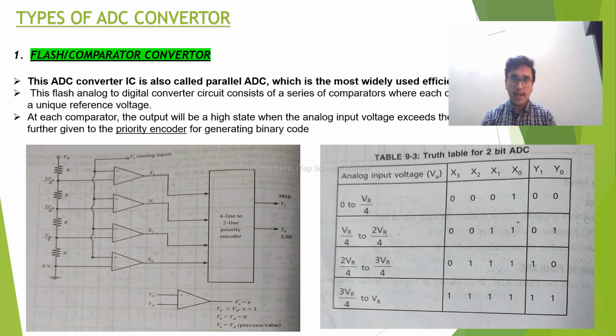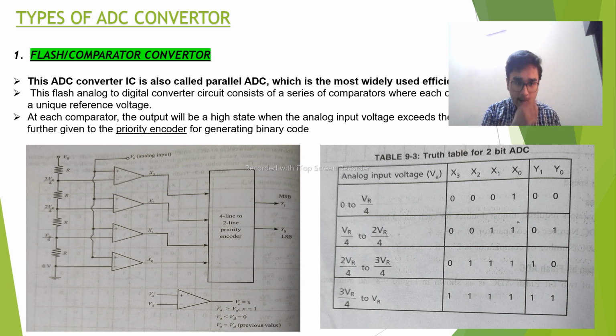In the same way, we can have it for an n-bit ADC, for 8 or for 4. If there are 8 comparators, then the V reference starts like 0, V reference by 8, 2V reference by 8, 3V reference by 8, like that. But here, as we have 4 comparators, it is taken as V by 4, 2V by 4, and 3V by 4 respectively.